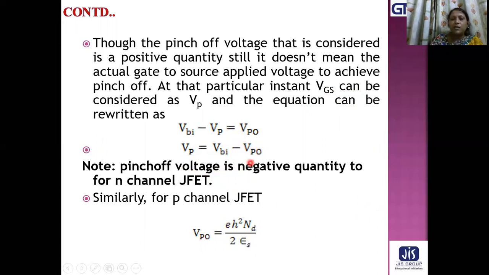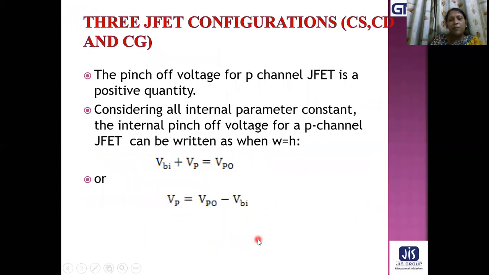Similarly, for P-channel JFET, VPO equals E H square ND by 2 epsilon S. The pinch-off voltage for P-channel JFET is a positive quantity. Considering all internal parameters constant, the internal pinch-off voltage for a P-channel JFET can be written as VBI plus VP equals VPO, or VP equals VPO minus VBI.